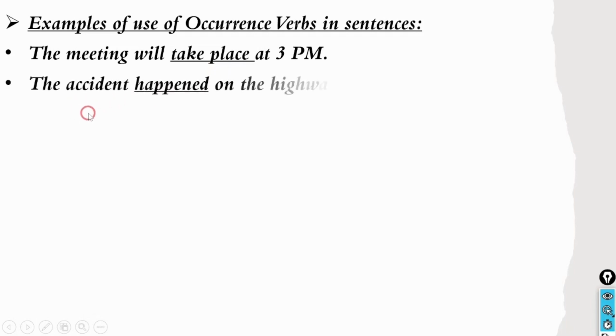So also you say like the accident happened on the highway. The accident happened on the highway. So also the occurrence it is showing, happened is showing the occurrence of the accident on the highway. So you cannot say the accident on the highway.